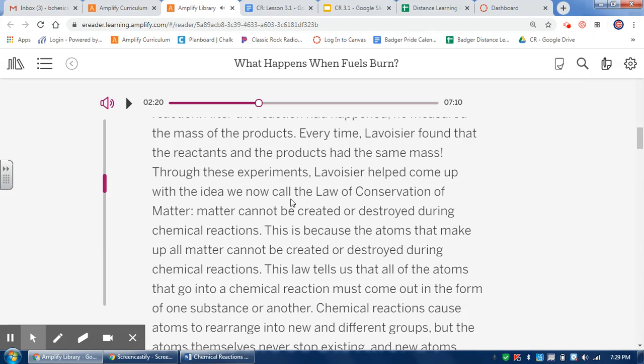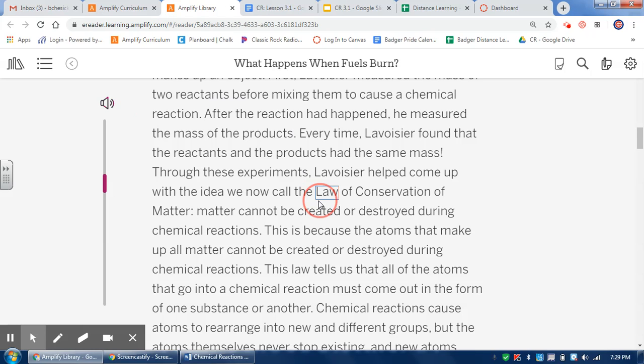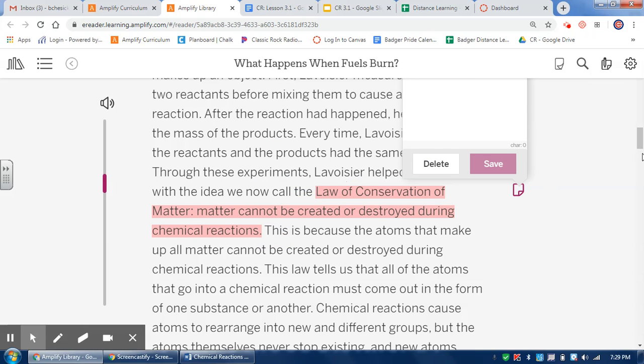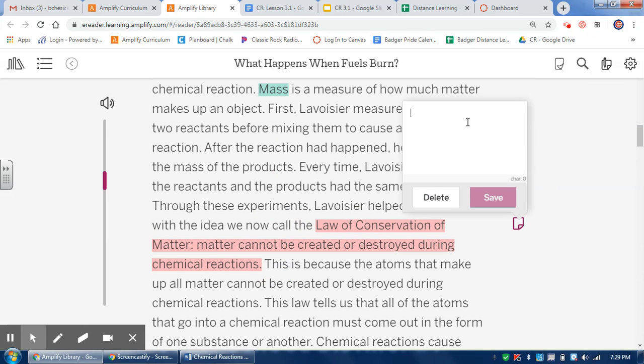Okay, I am going to highlight this. This seems like it's pretty important. Sounds a lot like a law that we learned earlier this year called the law of conservation of energy. And I'm going to add a note that what I think this is saying is in a chemical reaction, all of the atoms that rearrange are still there.